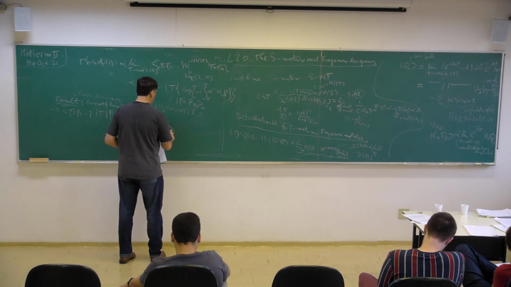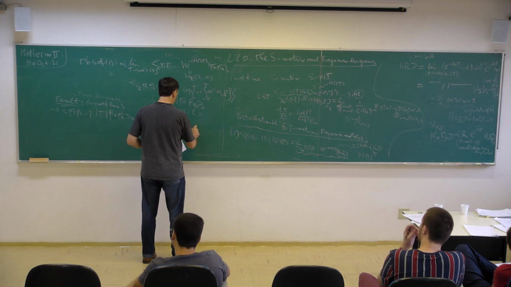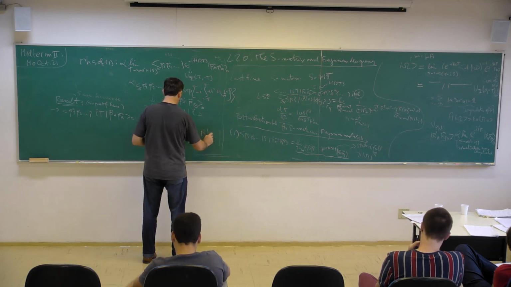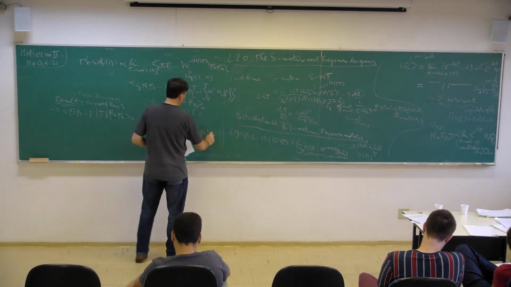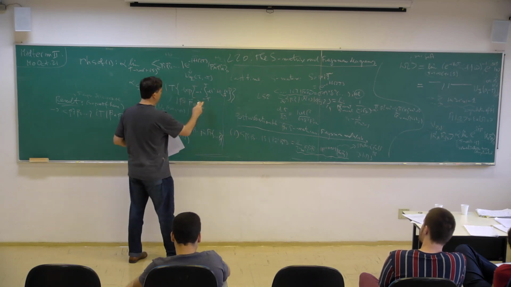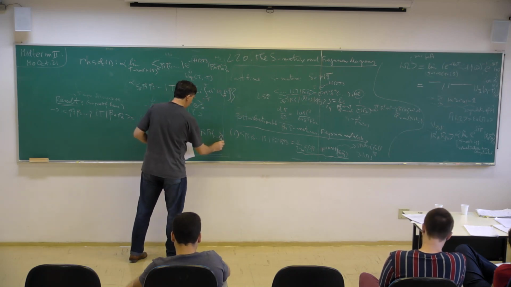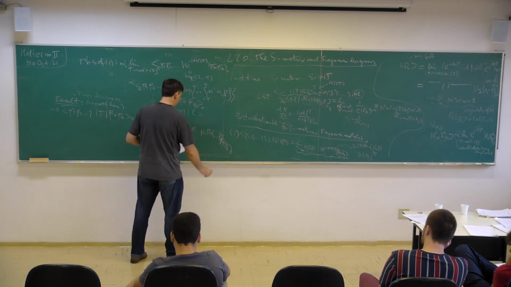Then we have this limit for time, and the free states, this time order product, and PA will be 0.